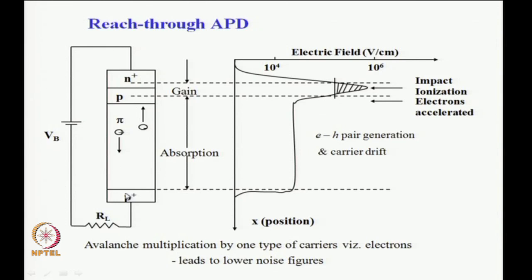Here is the APD structure: a high n plus region, then a p region, then a pi region, that is a near intrinsic or low doped region, and then the p plus, high p. Because of the large n plus, a reverse bias is applied here.